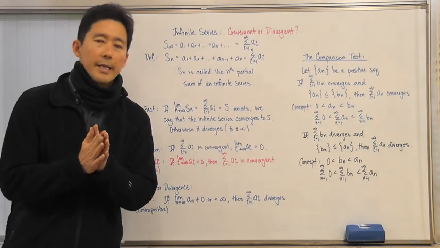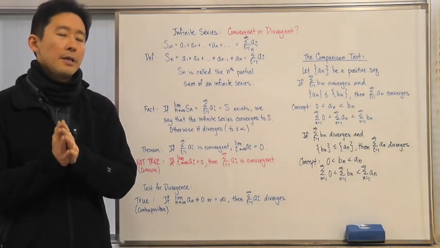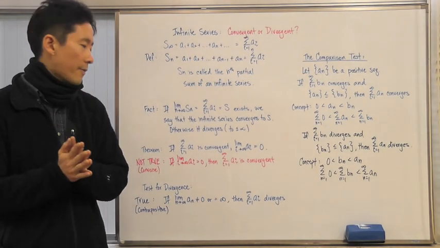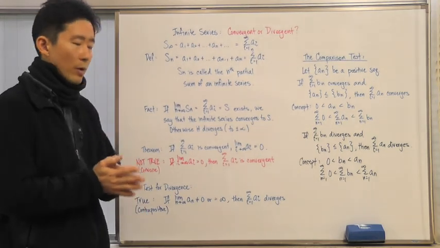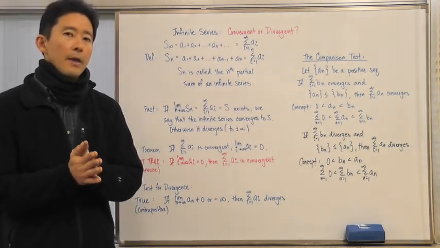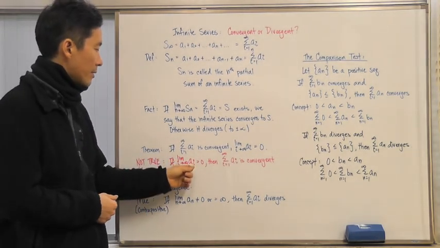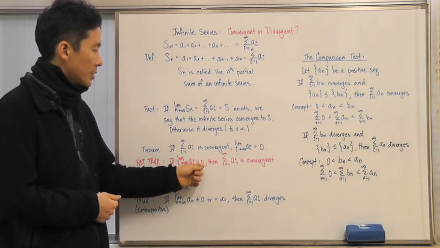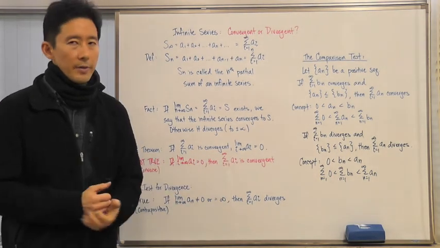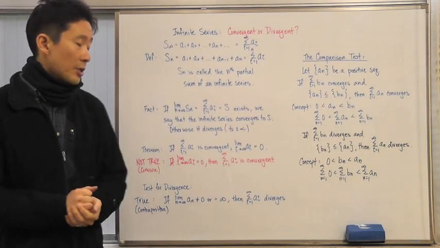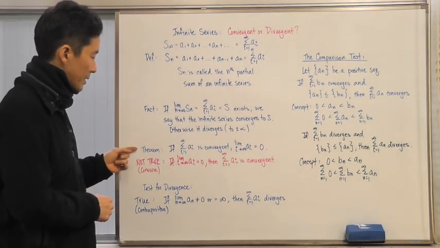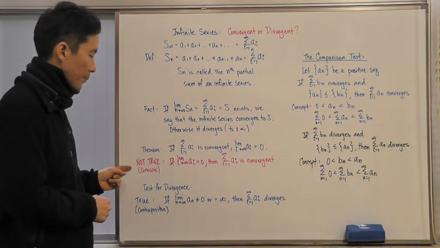Remember, the sequence 1 over i converges to 0, but the infinite series actually diverges. So be careful about this one. This direction is true, but the converse is not true.